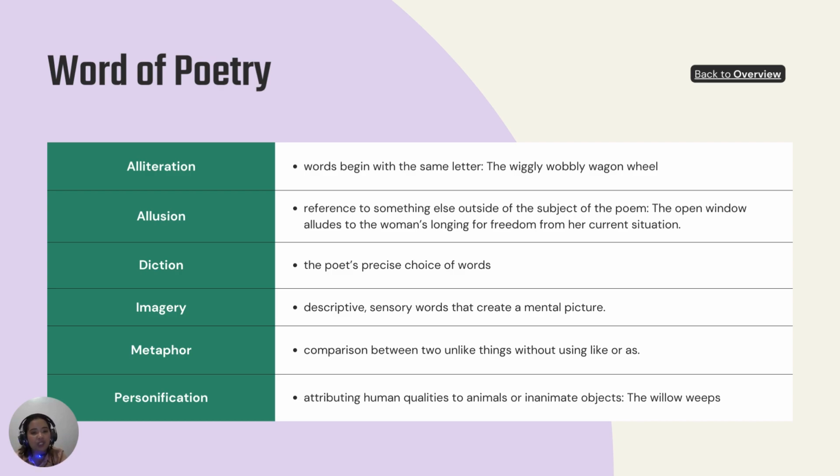While personification is a figurative language wherein they attribute human qualities of animals or humans to an inanimate object. So for example, the willow whips, the window whispers, or the air whispers. Again, attributing human qualities to animals or inanimate objects.